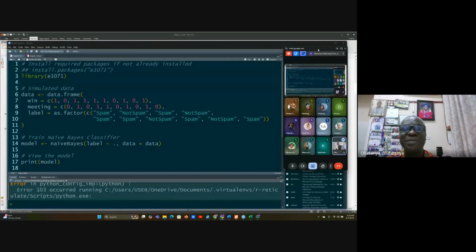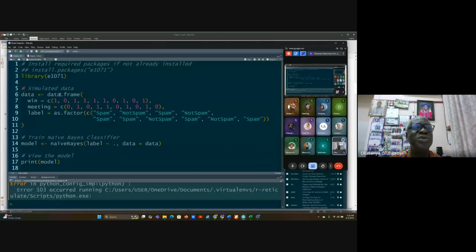So we will have to enter the data this way.